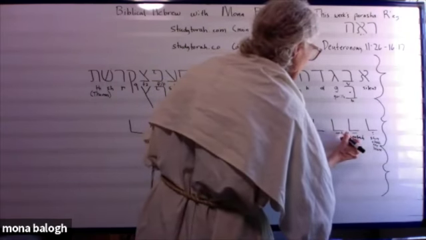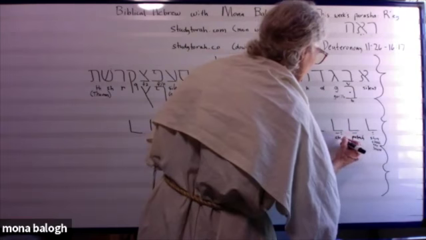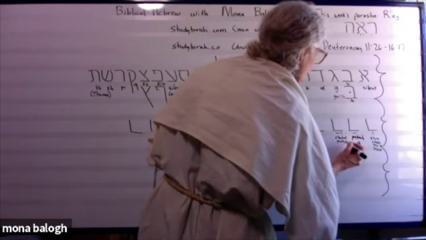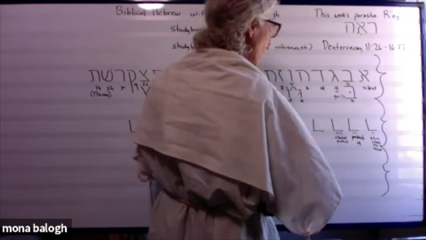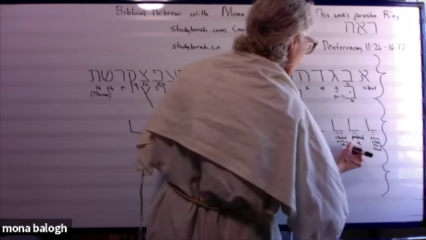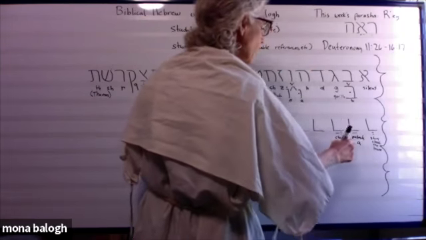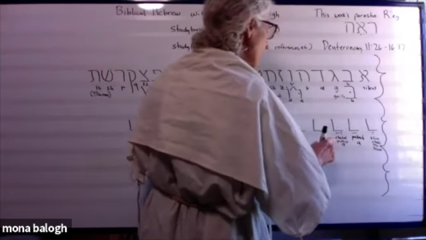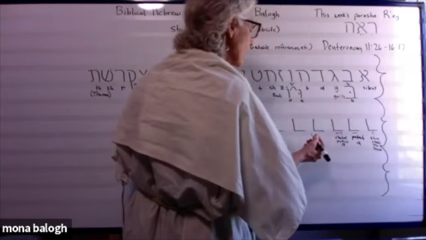Next is chatef patach. But you'll notice it's with a shva. So patach and a shva is called a chatef patach. That also has the ah sound, but a little shorter, supposedly, than the patach. So shva stops the sound, patach ah, chatef patach ah.